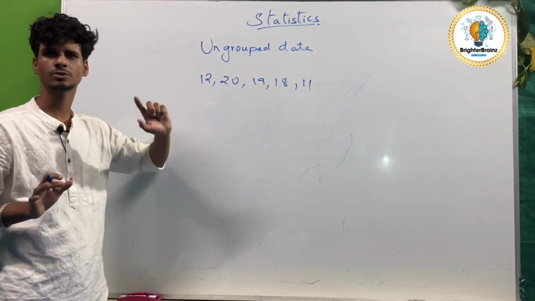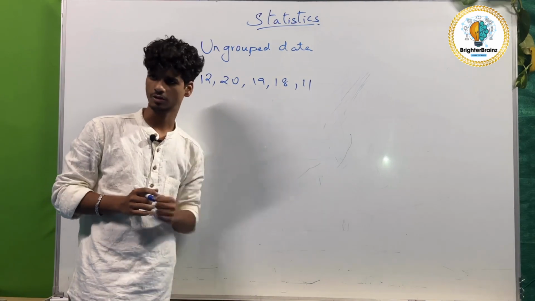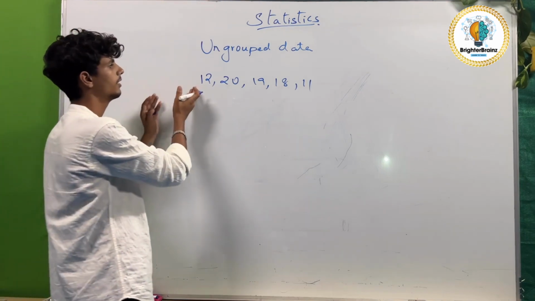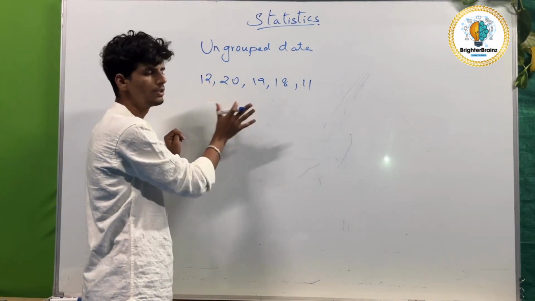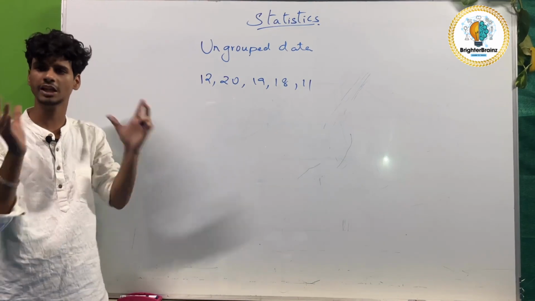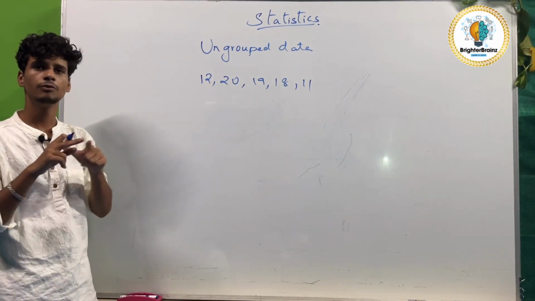Let us take only 5 students. These are not grouped, so it is ungrouped data. Ungrouped data is data which is not grouped in a table. Grouped data will be in a structure with a table.